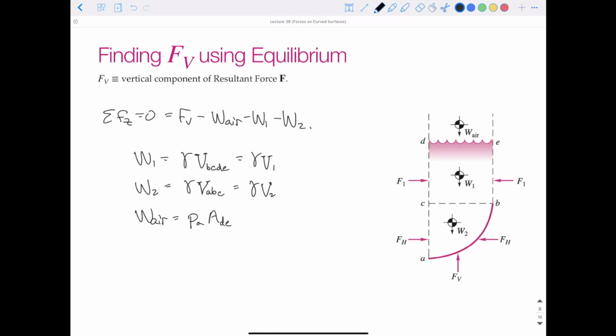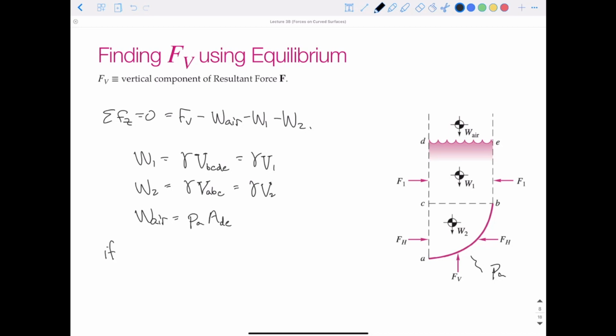the section DE. So if both sides are open to the atmosphere, and what I mean is if on the other side it is continued over and PA exists over here somewhere, then we don't have to consider the atmospheric component, because that same pressure from the atmosphere is going to be pushing up from the bottom. So all we'd be left with would be just weight 1 and weight 2.